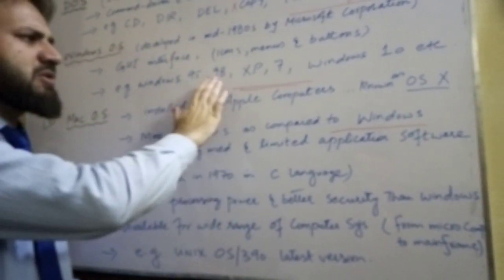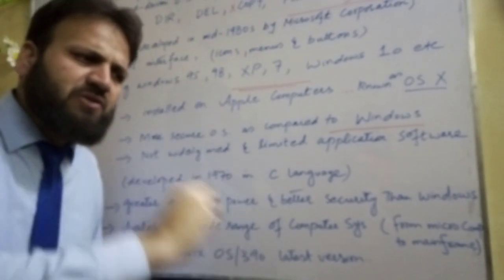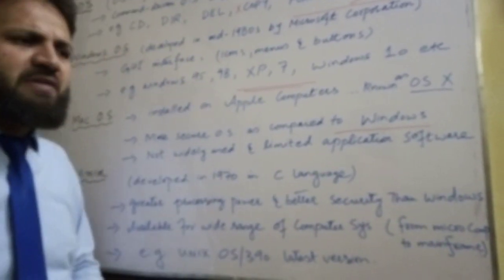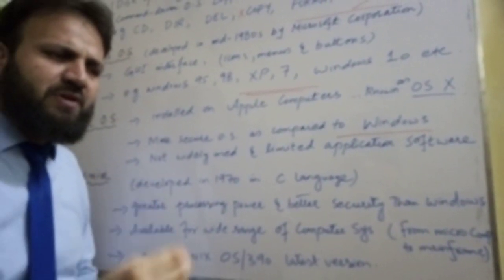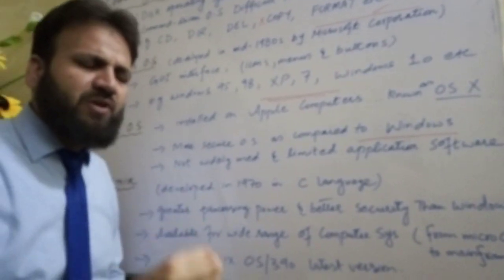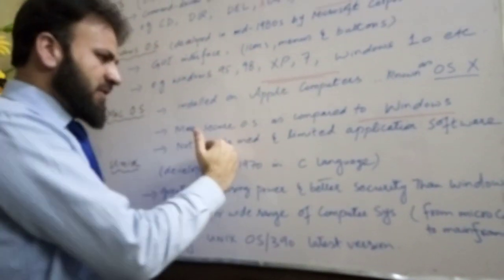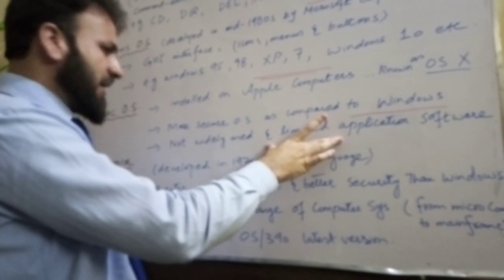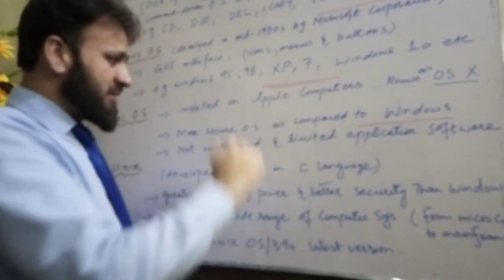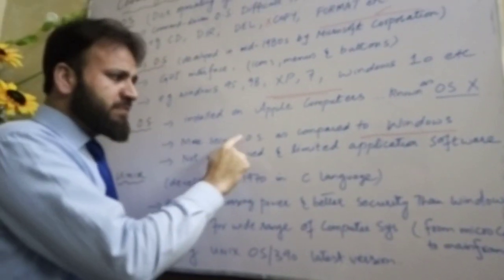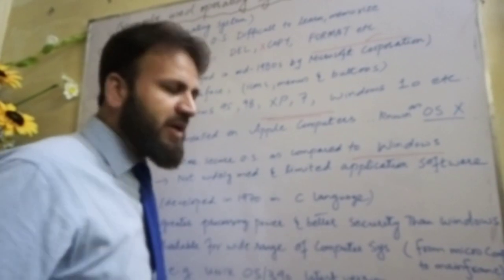But in Windows we can install hundreds and thousands of application software, such as MS Word, Office, Excel, Access, Facebook, Internet, and so on. In the Mac operating system we have limited application software, but it also has its advantage because it is a more secure operating system as compared to Windows.